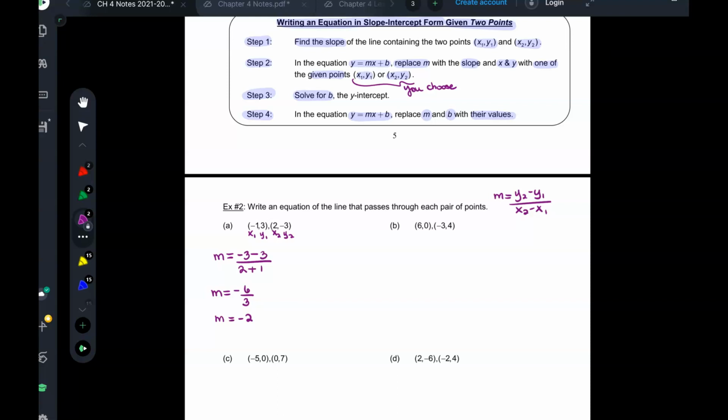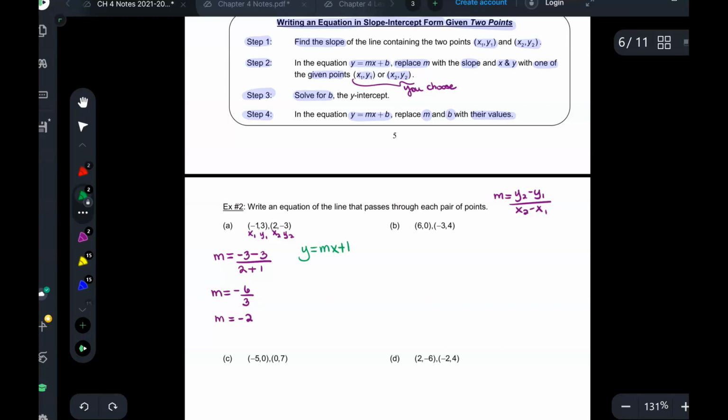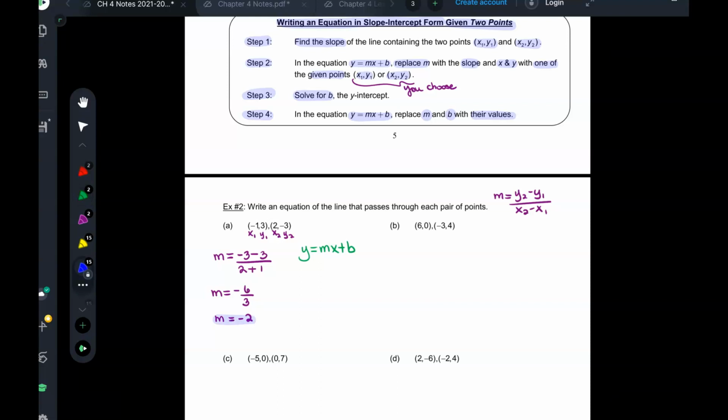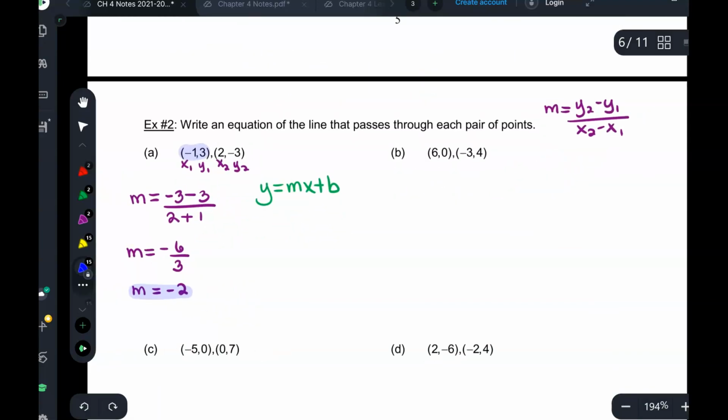Okay, step 2. We're going to replace. So now remember, what are we using? We're using y equals mx plus b, right? Now that I know m equals negative 2, I get to choose one of these 2 points. It doesn't matter. I usually like to pick the one with the smaller numbers, or if there's a 0, I'm going to use the point negative 1 and 3. So I'm going to make this my x and this my y.